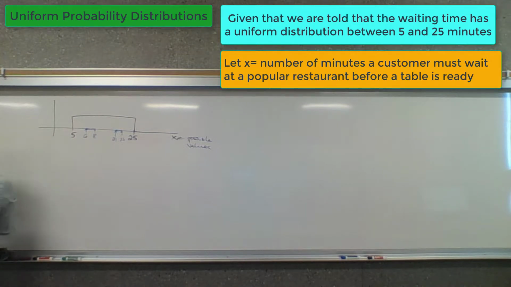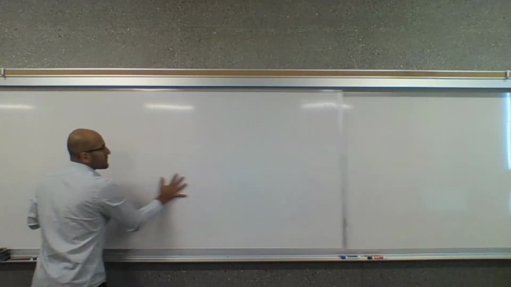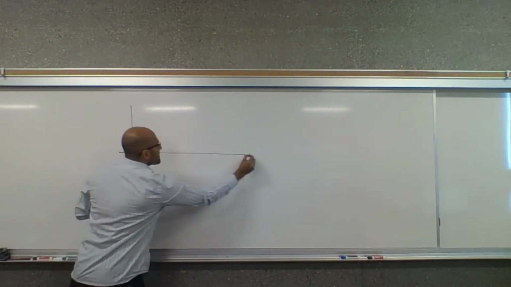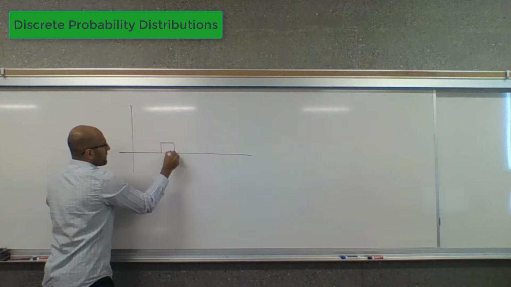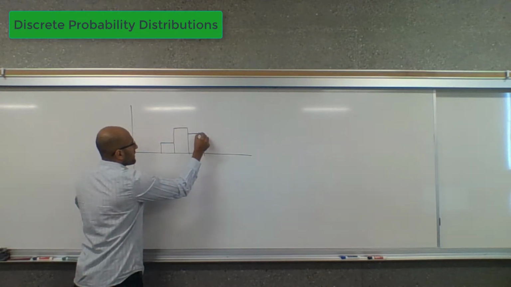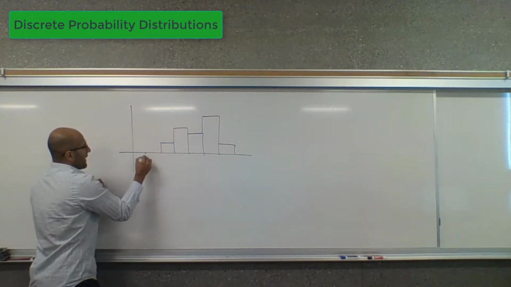So for instance, going back to chapter 6 when we had discrete probabilities, they looked like this. We had maybe a rectangle that went like this, and another rectangle like that, and another, and another.